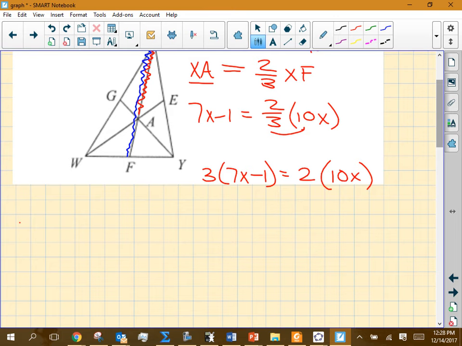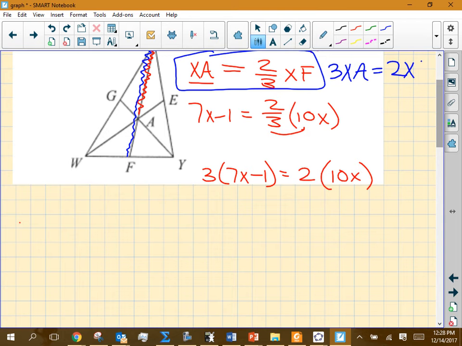Some of you might have said, well, I do that beforehand. I come up here. Okay, could I do the algebra of multiplying both sides by 3 right there? Multiply both sides by 3, and you get 3 XA is equal to 2 XF. Okay? Now if we look at this expression here, XA is equal to 2/3 XF, the thinking that we're going through is that we want to take the blue segment, which is XF, and multiply it by a number between 0 and 1, so it's going to shrink it.